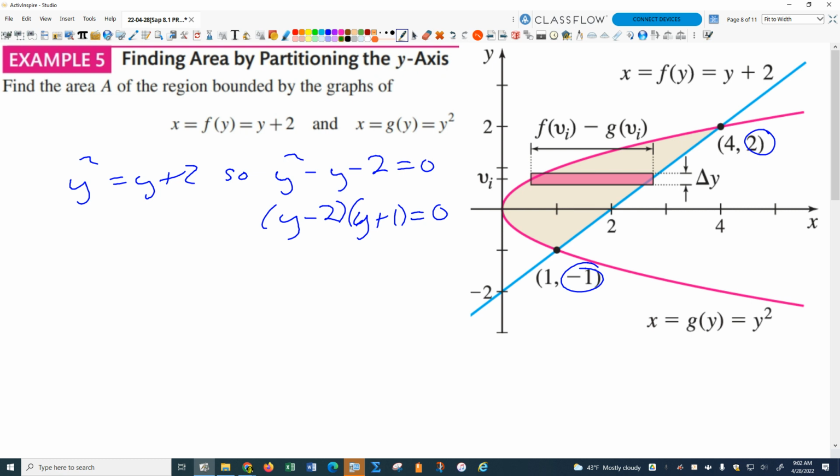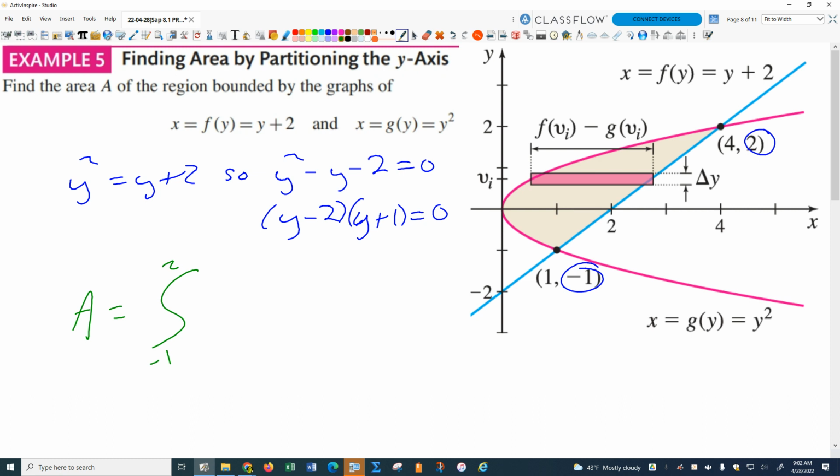Caleb, what's my integral going to look like here if I'm horizontally partitioning this? What are my limits going to be? Negative 1 to 2. Good.